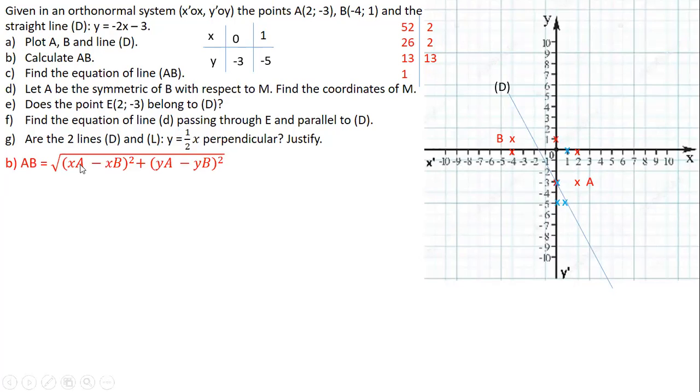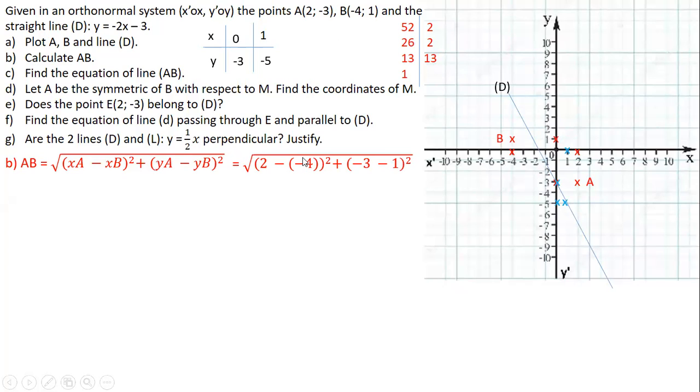Now we replace XA by 2. We replace XB by -4. Since we have a negative, we replace the -4 between parentheses. YA is -3, I replace it by -3. YB is 1, so I replace it by 1. Now we should get rid of this negative and this negative.